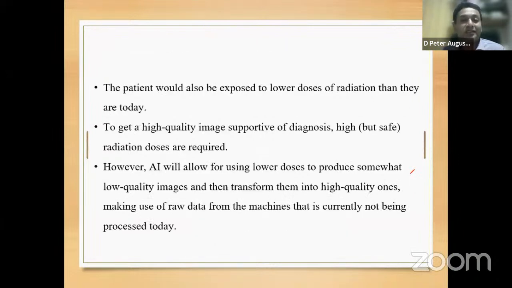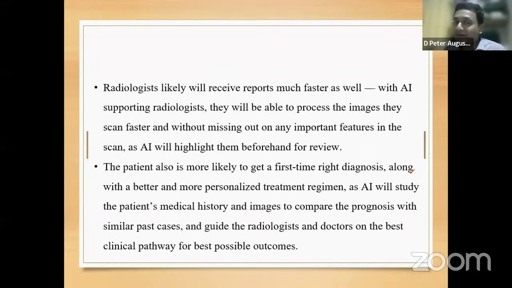So artificial intelligence is a beautiful thing, giving high quality images supporting diagnosis. Radiologists get information much faster, and the patient gets the right diagnosis because it is not depending on one person's knowledge. It is a collective knowledge, the intelligence.